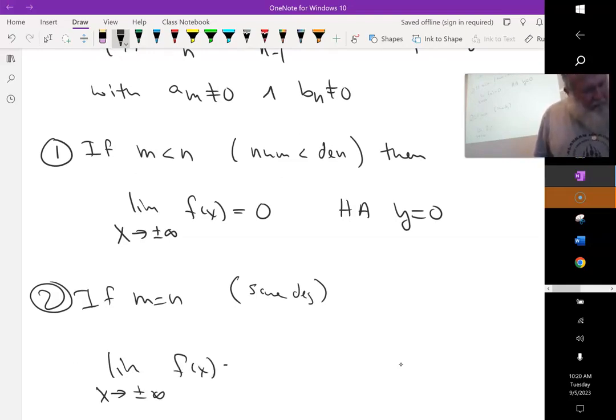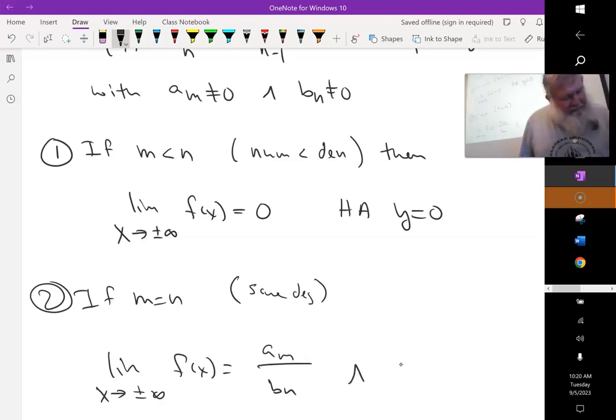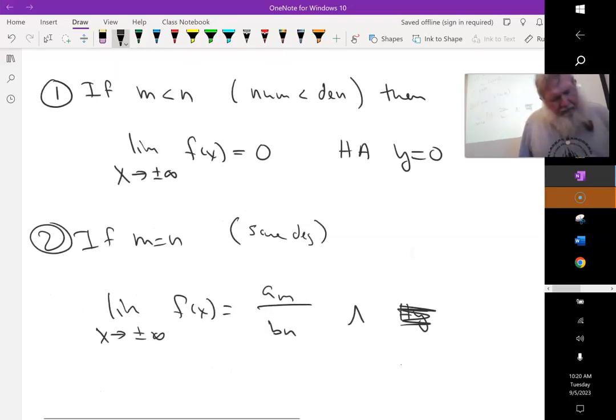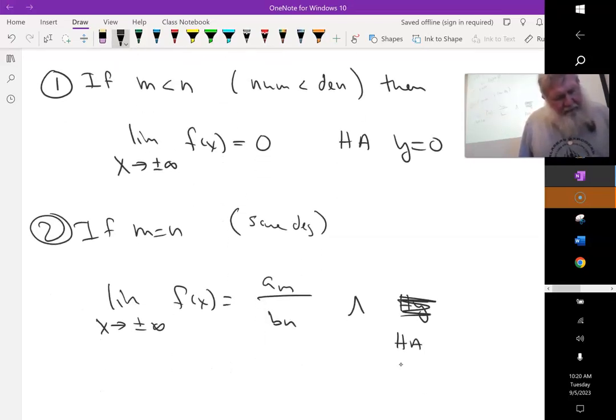What is it? It's the ratio of the leading coefficients. And we have a horizontal asymptote y equals a sub n over b sub n. Ratio of what? The leading coefficients.